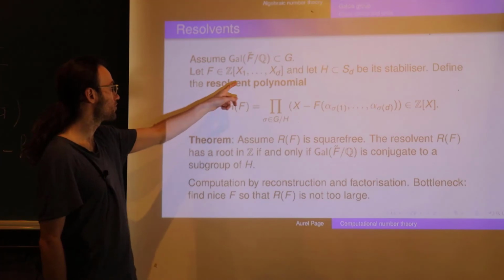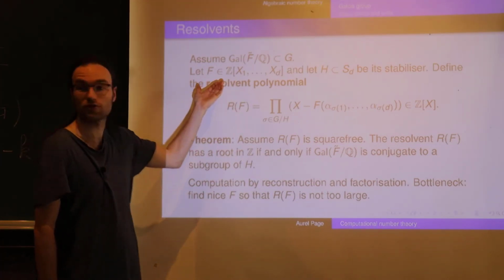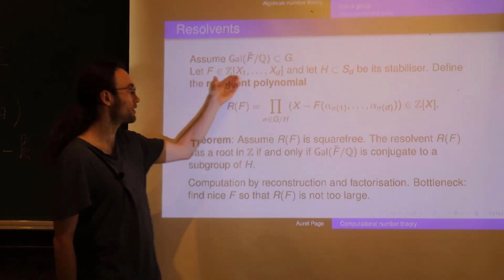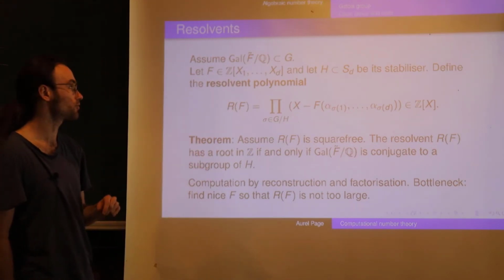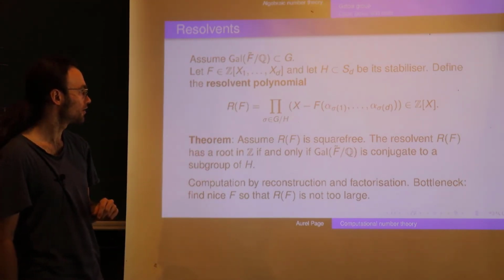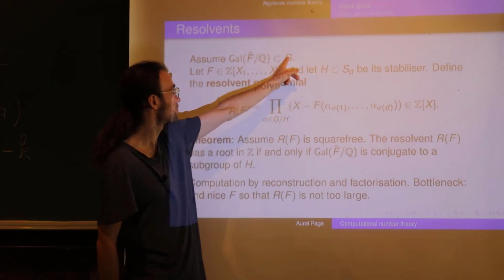Okay? So when you do this, it will have a certain stabilizer. Certain permutations are going to stabilize it and others won't. Oh, I should have said that H should be actually a subgroup of G, sorry.